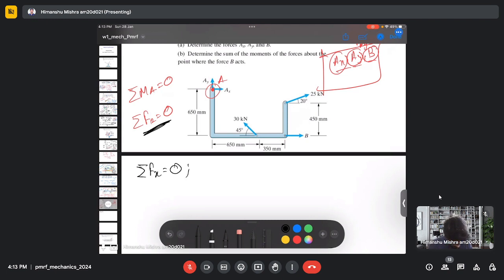So in the x direction we will have Ax. We will have the component of this 25 kilonewton.